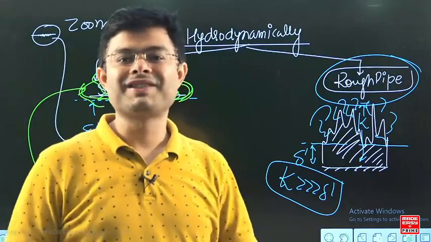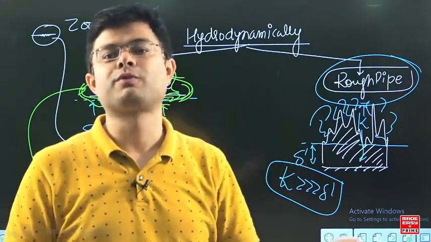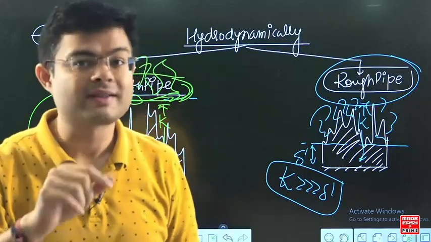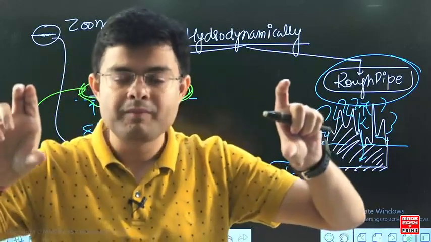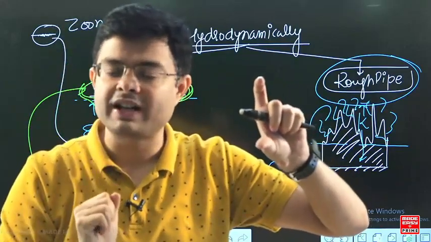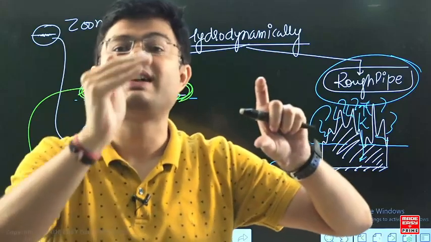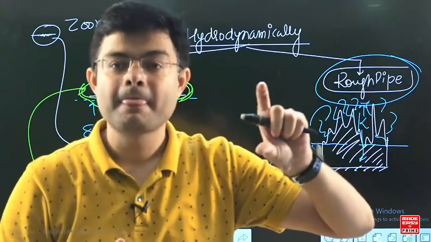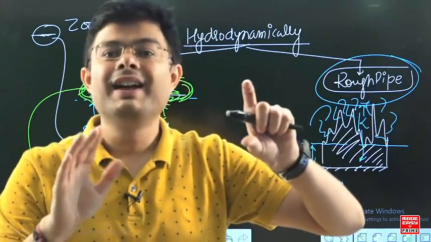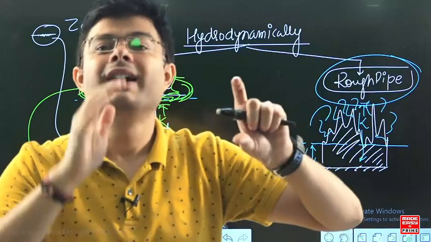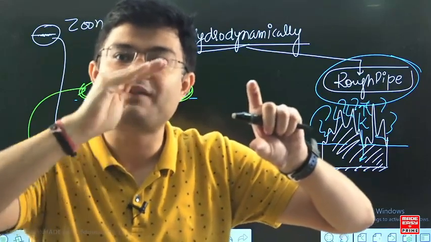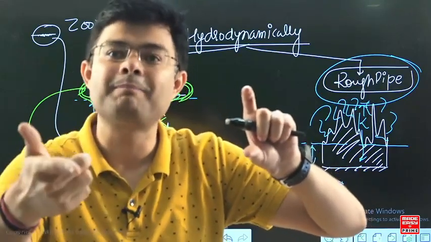No, it is not mandatory that it will remain smooth. Because see, for a certain pipe, at the moment if it is behaving as a smooth pipe, this means delta dash was greater than K. But if you change the flow, it can happen that delta dash can fall below the K for the same pipe.